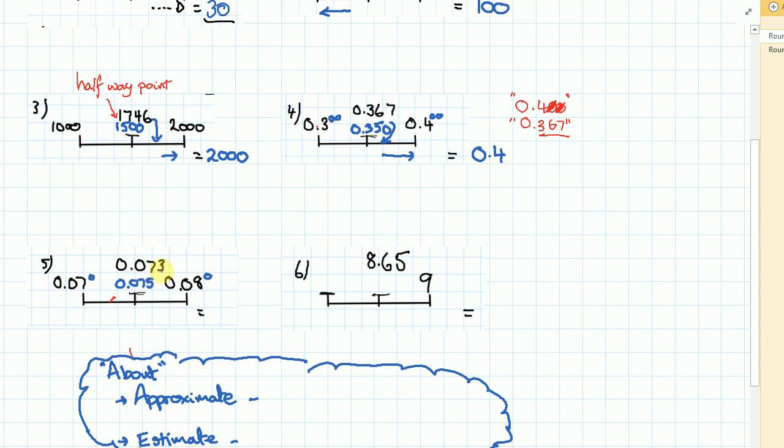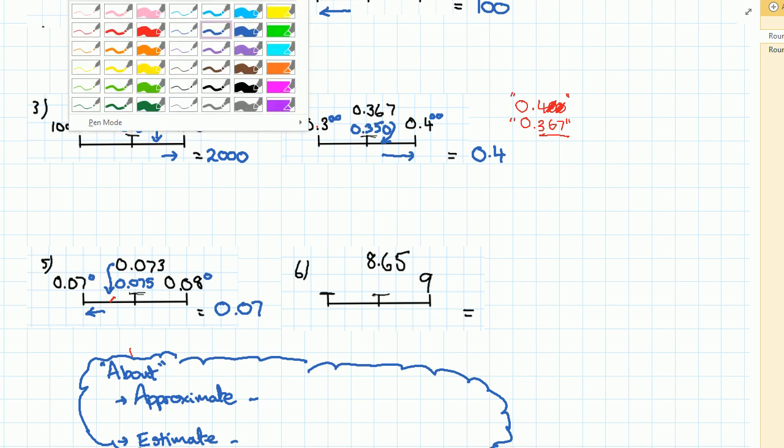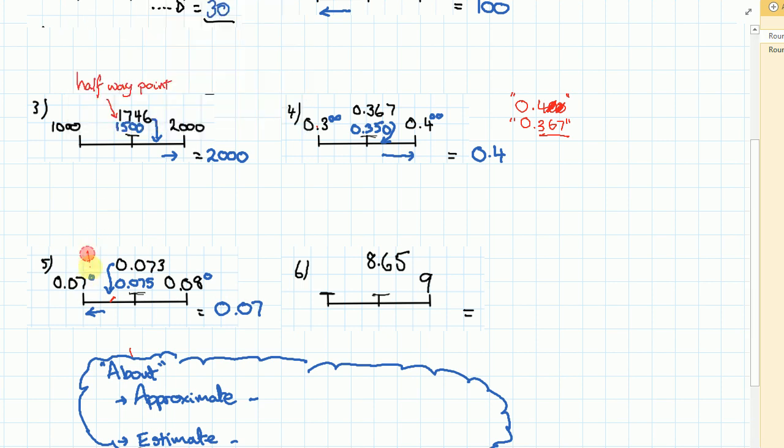Look at the 0.073. That's smaller than 0.075. So we're closer to 0.07. Again, notice we do not quote this extra 0. That's there to help us think. That's the only reason that point is there. So that 0 is to help thinking.